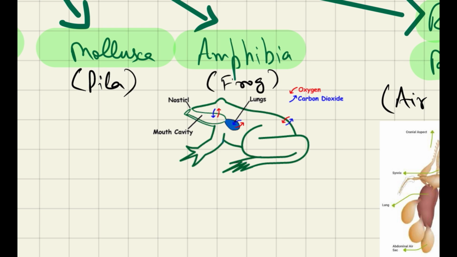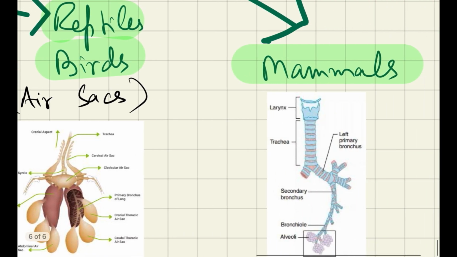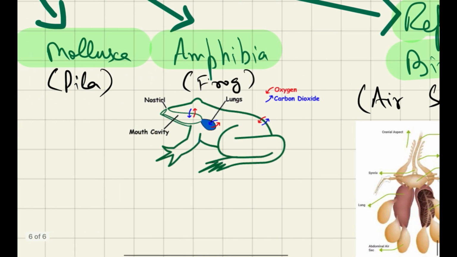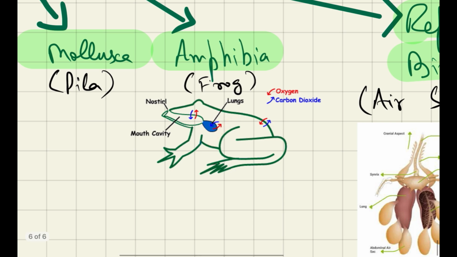So three types of respiratory mechanisms are seen in amphibia, and the functioning of lungs is quite different here from the mammals. In mammals we have lungs too. Here the diaphragm is absent, and the intake of air is controlled by the movement of the buccopharyngeal cavity.